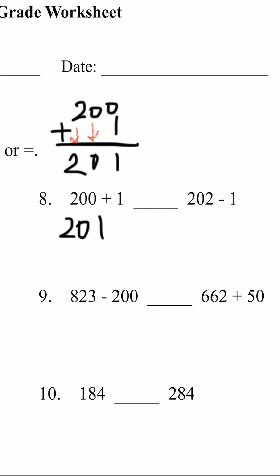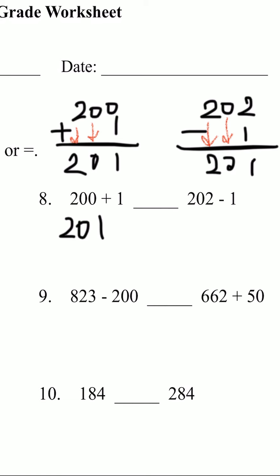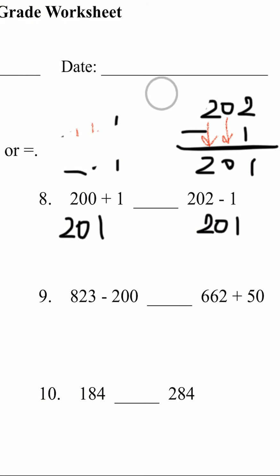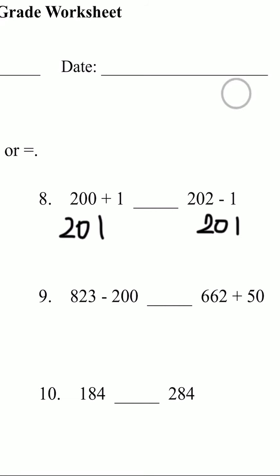And then now 202 minus 1. 2 minus 1 is 1. And then that 0 comes down, 2 comes down. So we have 201. And the second number is also 201. So we're going to put the equal sign.